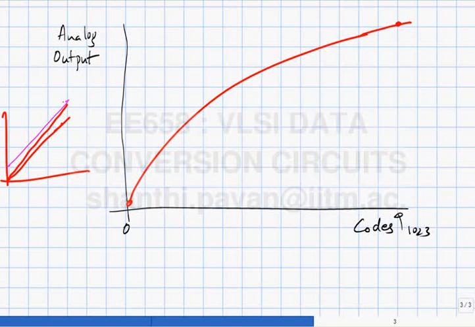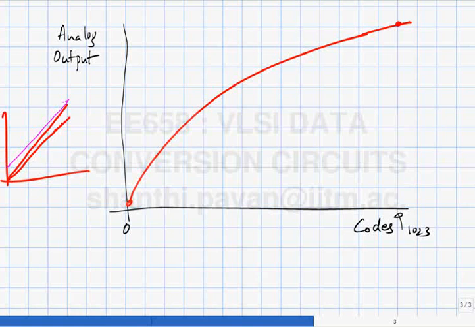Is that clear? Clearly, even though both these converters are perfectly okay and completely harmless, it would seem that they have terrible amounts of DNL and INL simply because we have not really taken care of offset and gain errors in the converter.